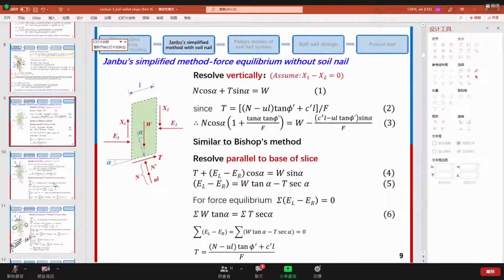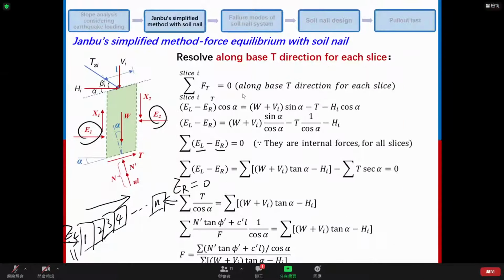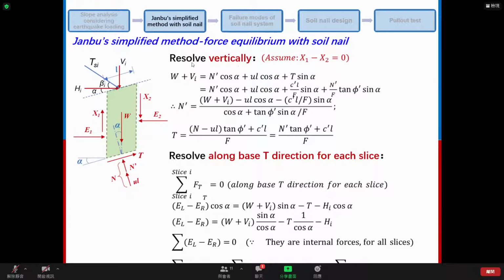And we discuss Janbu's method with the soil nail. The soil nail force will also be decomposed in the horizontal and vertical directions. This is another type of external loading, so we should take it into account in the equilibrium of force in the vertical direction, because the vertical direction is what we do for the first part of Janbu's method.